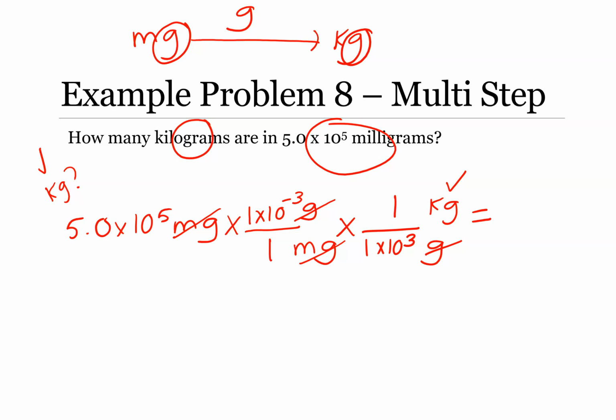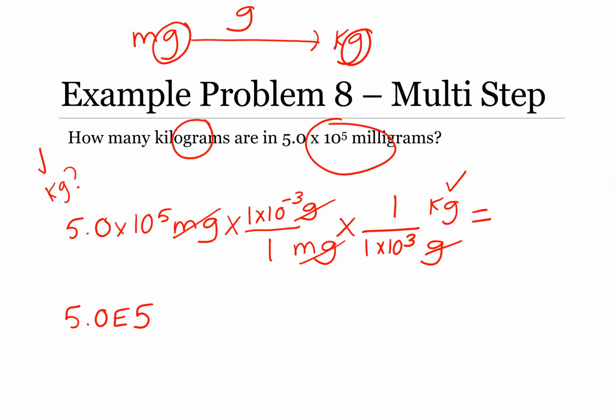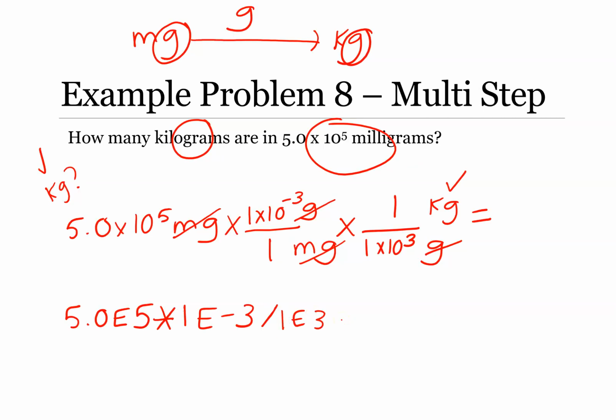And so I'll write down what it looks like in my calculator. 5.0 e to the 5th, times 1 times 10 to the minus third, so 1 e to the minus 3, divided by 1 times 10 to the third, so divided by 1 e to the 3. And so when you press the equal sign, that equals 0.5 kilograms.